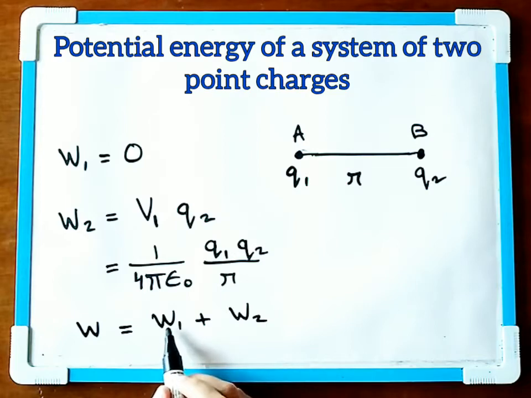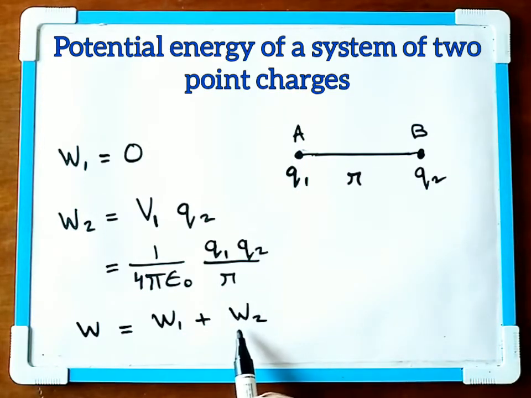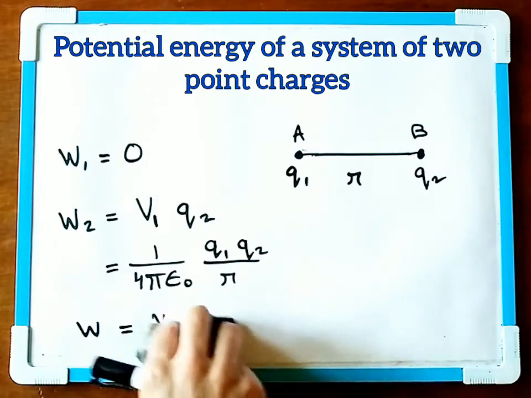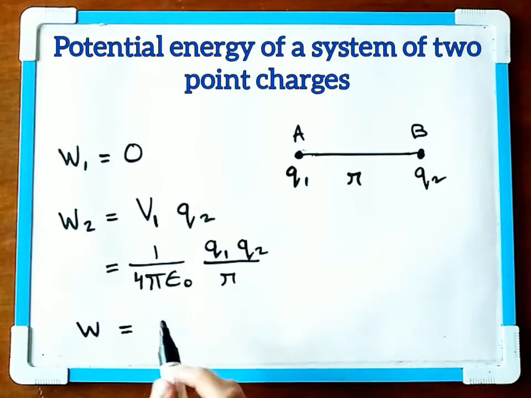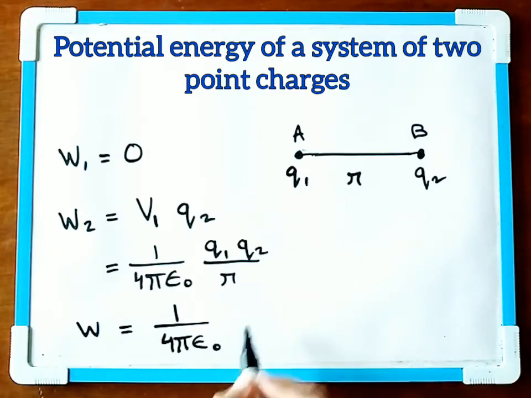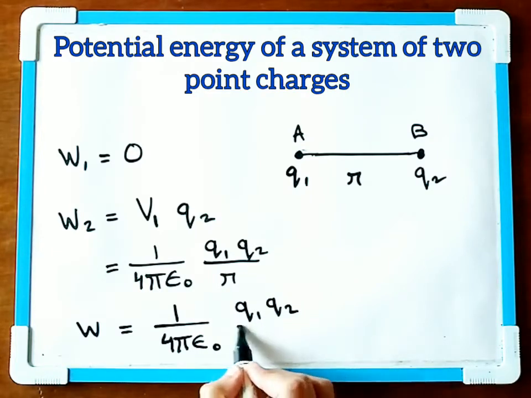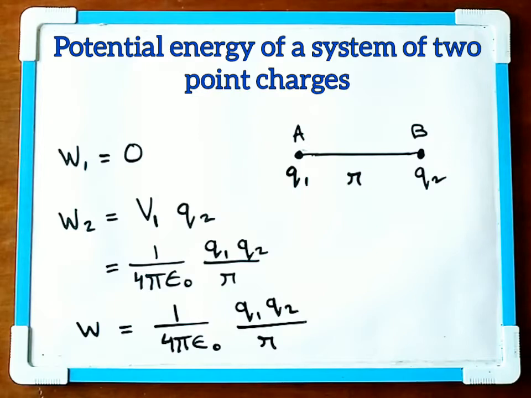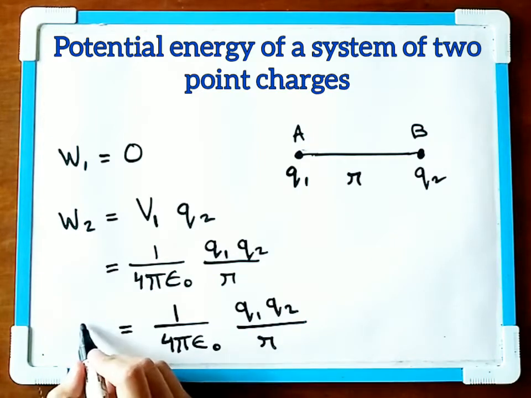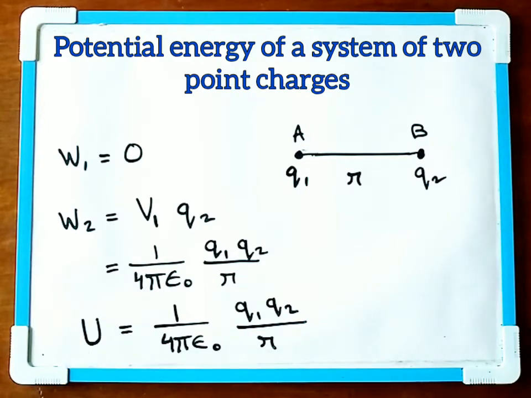W1 is the work done bringing charge Q1 from infinity to point A, and W2 is the work done bringing charge Q2 from infinity to point B. This is equal to 0 plus 1 by 4 pi epsilon naught Q1 Q2 by R. So the work done in bringing the system of 2 point charges from infinity to their respective positions A and B is 1 by 4 pi epsilon naught Q1 Q2 divided by R. This work done is stored in the system of 2 point charges as potential energy, so it can be written as U, the potential energy of a system of 2 point charges Q1 and Q2.